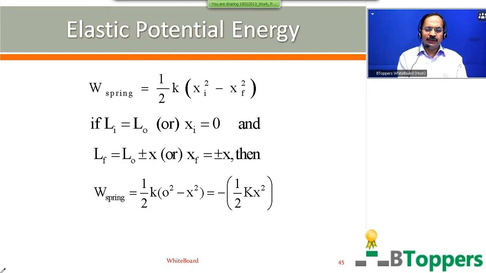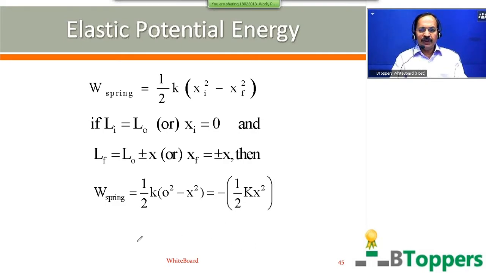Suppose the spring is compressed by distance x from its natural length, then xi equal to 0 and xf equal to minus x. But xf square here must be taken as again plus x square. Xi square is 0 square. So again you get, when the spring is compressed by distance x from the natural length, the work done by the elastic force by the spring will be equal to minus half kx square.